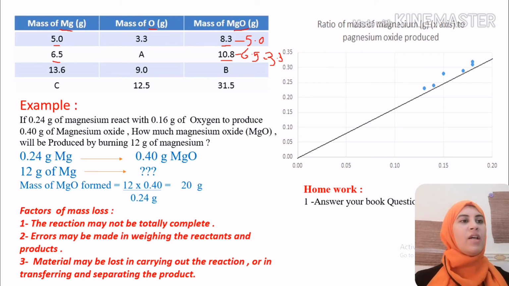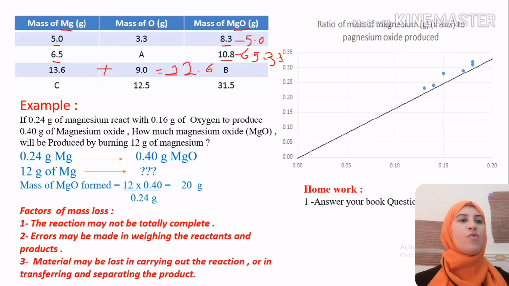We have 13.6 and mass of oxygen is 9. So the mass of magnesium oxide equals 13.6 plus 9, equals 22.6.